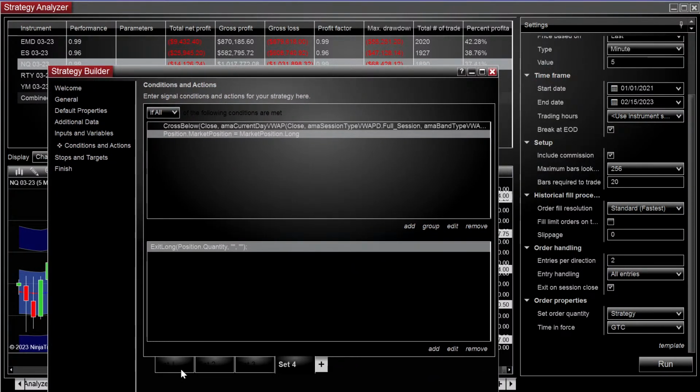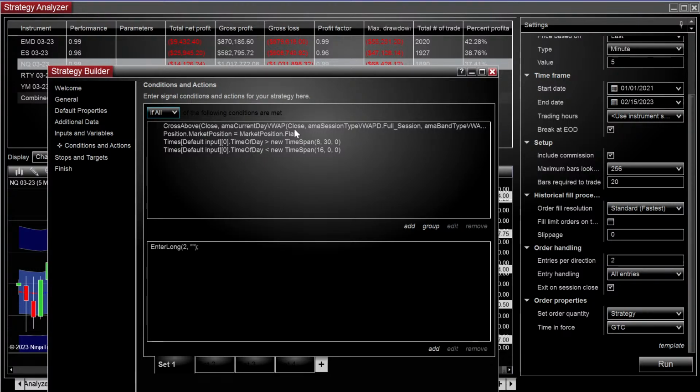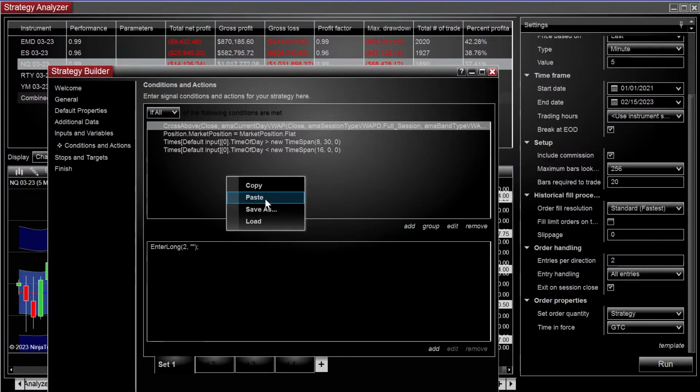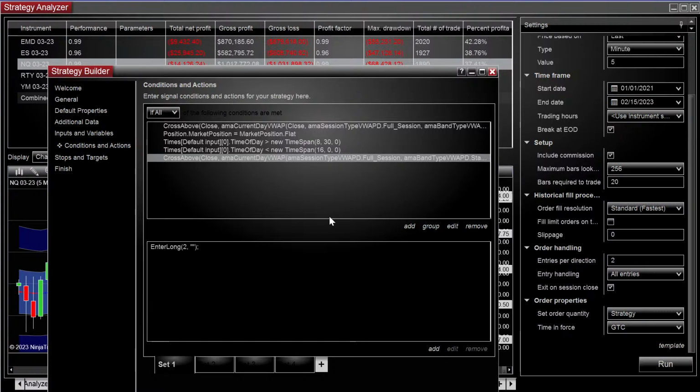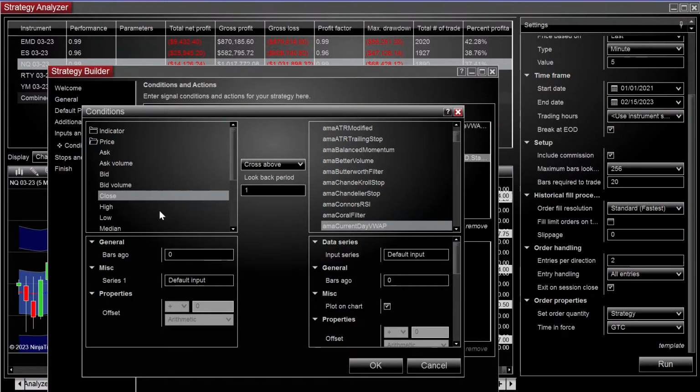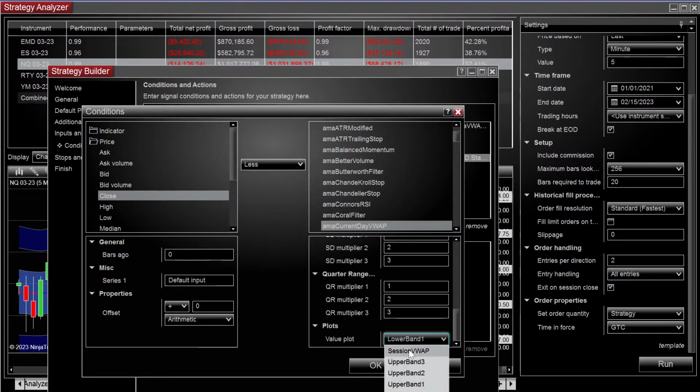Need to add a condition for that. Whenever we go long, we need to make sure that we're actually below the VWAP, so price close is less than the session VWAP.